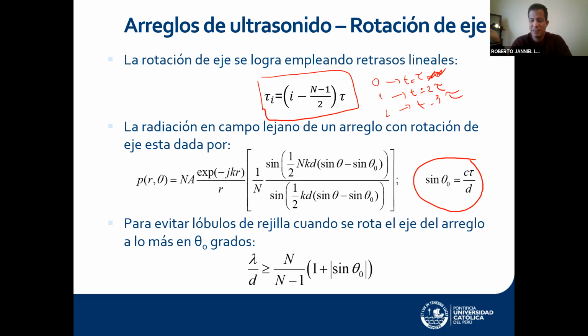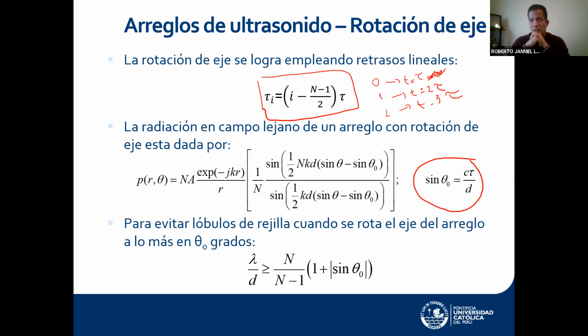It's the distance that the ultrasound would travel between the firings of two consecutive elements. Because you fire each consecutive element with a delay of tau, the distance that the wave travels is c times tau. And then you divide it by the actual separation between the elements, and that gives you the angle that you're going after.